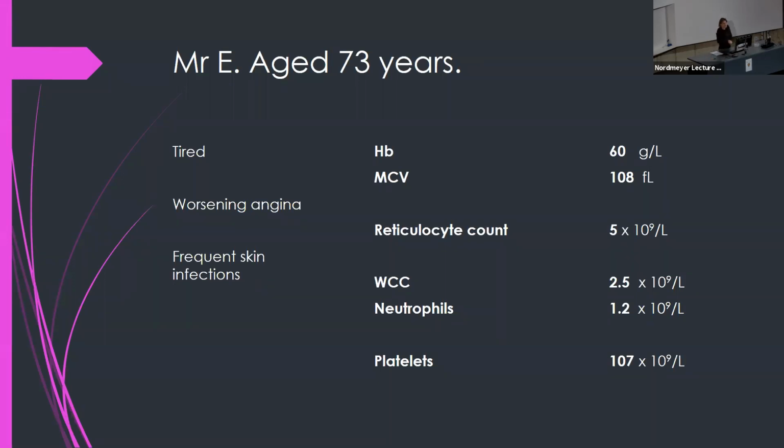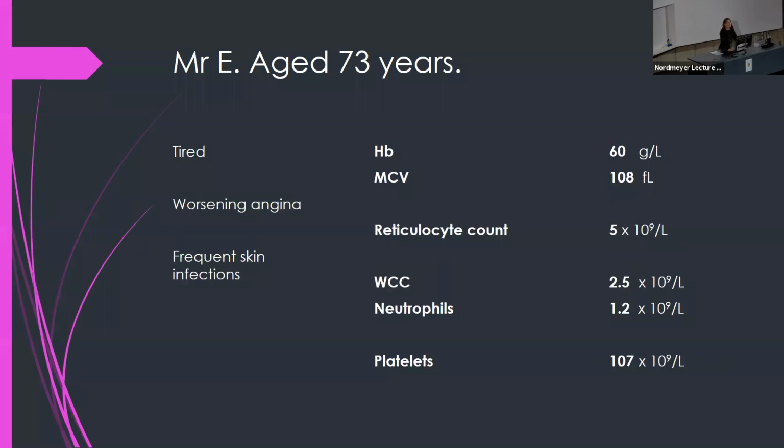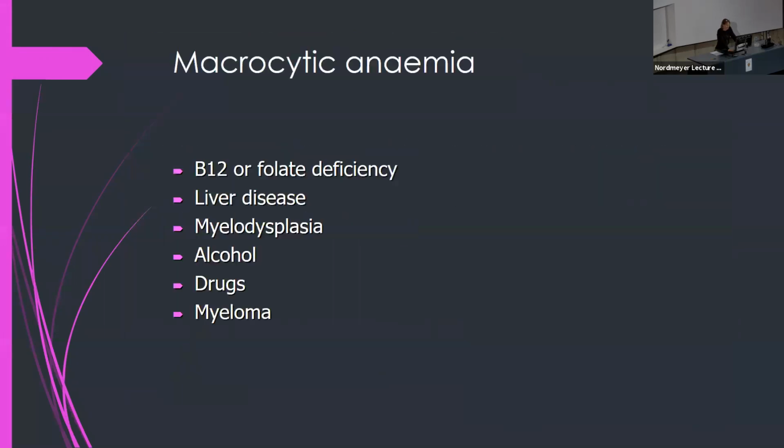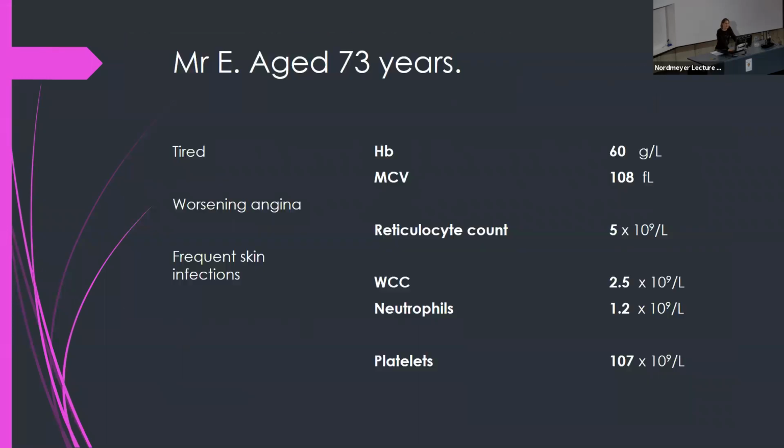So again, we have to think about all the same things that we thought about before: B12 folate. What else did we think of? Liver disease, alcohol, drugs, myelodysplasia. What did I miss out? Oh, myeloma, possibly. Having emphasized that to you, I then go and forget it. Myeloma.